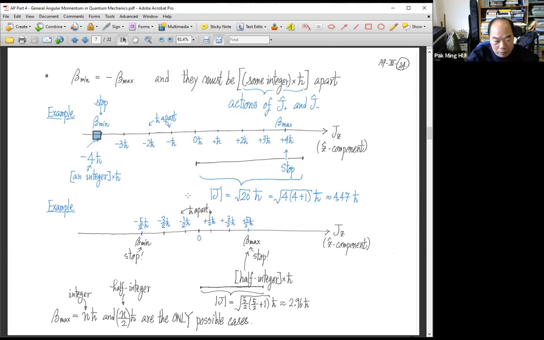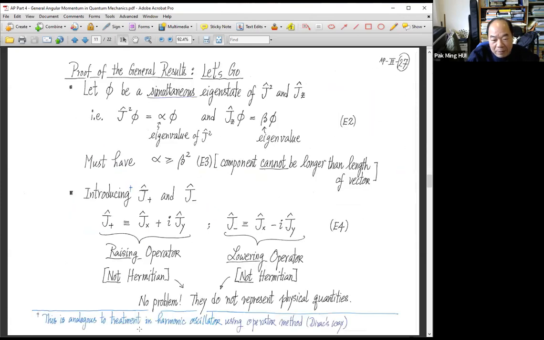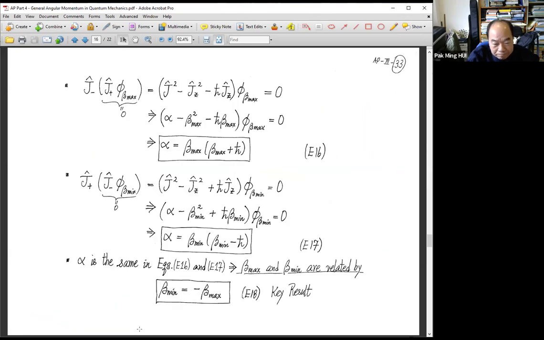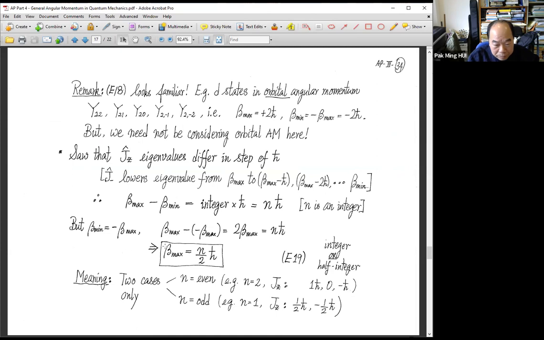So the conclusion is that beta maximum can only take on two types of numbers: integer times H bar or half integer times H bar. So let me go back to that page. So the maximum value of the Z component can either be integer H bar or half integer H bar.